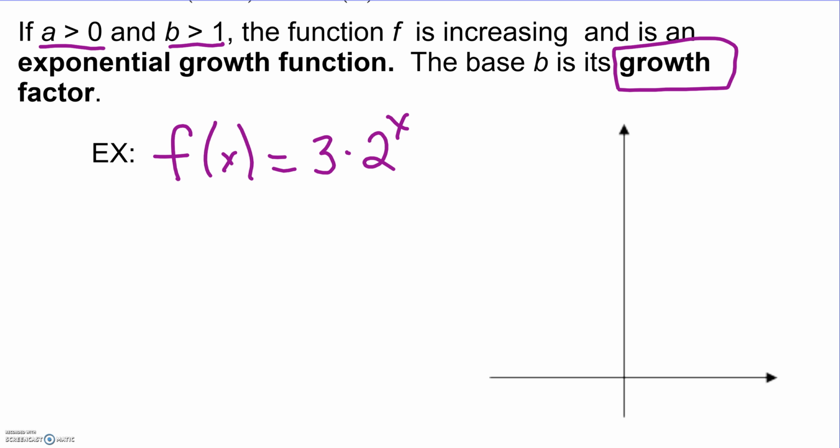Some of the values in our table on that previous page were points like 0, 3; 1, 6; 2, 12, which would be way up here somewhere; -1, 3 halves; -2, 3 fourths.